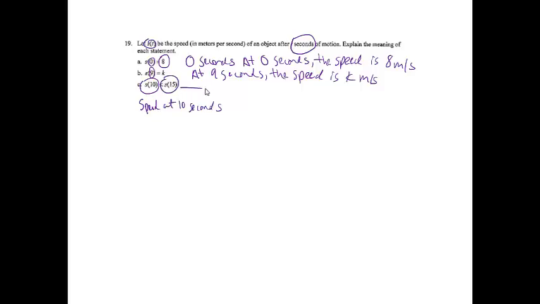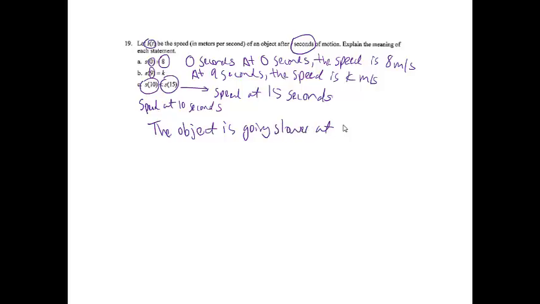And S of 15 would mean my speed at 15 seconds. And if this is a less than sign, that would mean my speed at 10 seconds is less than my speed at 15 seconds. So the object is going slower at 10 seconds than it is at 15 seconds.